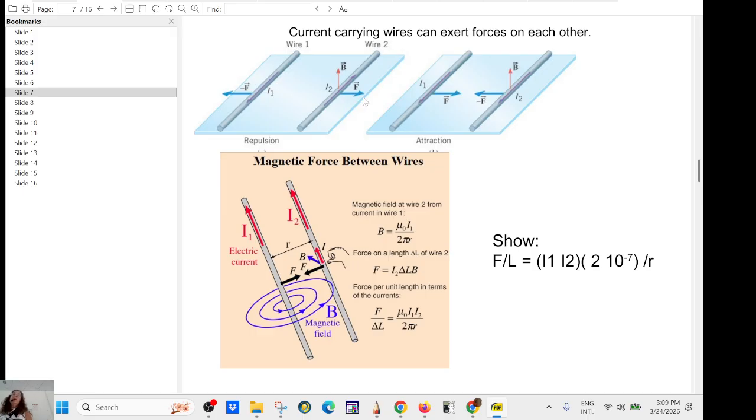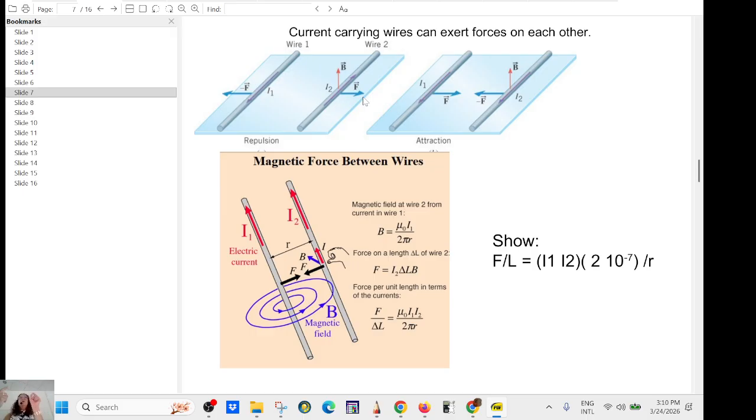So I'm going to summarize. If two currents are going in the same direction, they're going to attract each other, because the two magnetic fields will interact with each other. And if they go opposite to each other, they're going to repel each other.